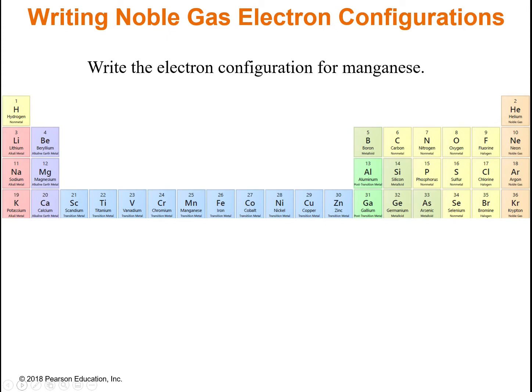So the last part of the class, we're going to spend with electron configurations and ionic charges. So please make sure that you have a periodic table. We're going to start with just writing the electron configuration for manganese.